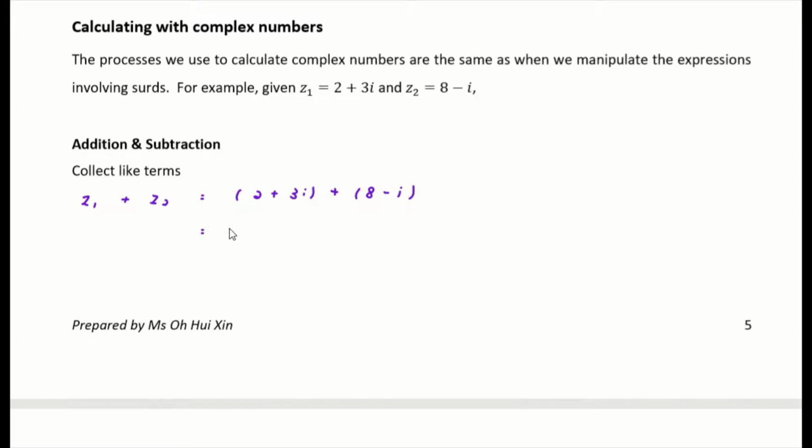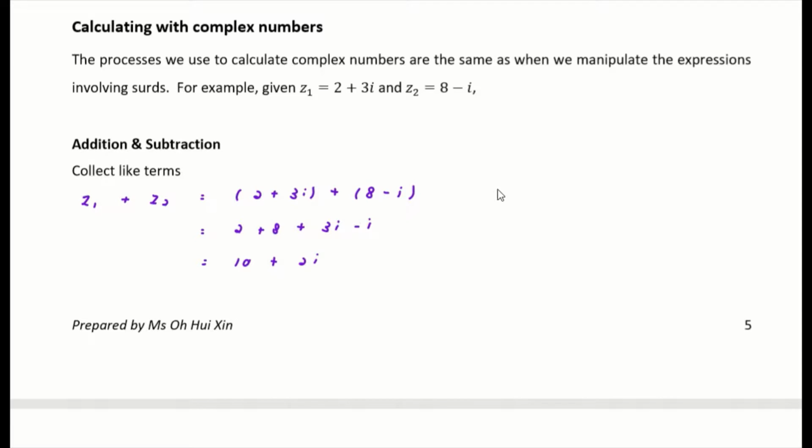We need to put the same terms together: the real part and the real part, so it's going to be 2 plus 8. Then the imaginary part and the imaginary part. So I'll get my answer 10 plus 2i.